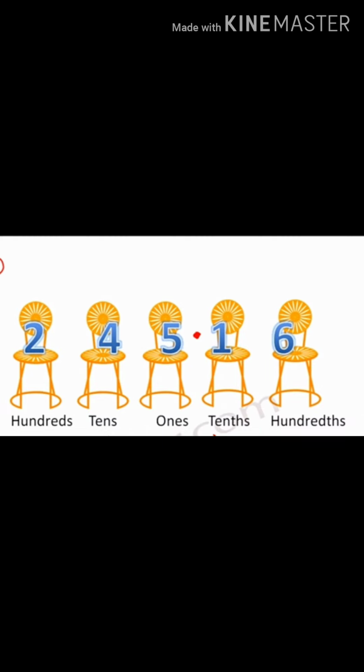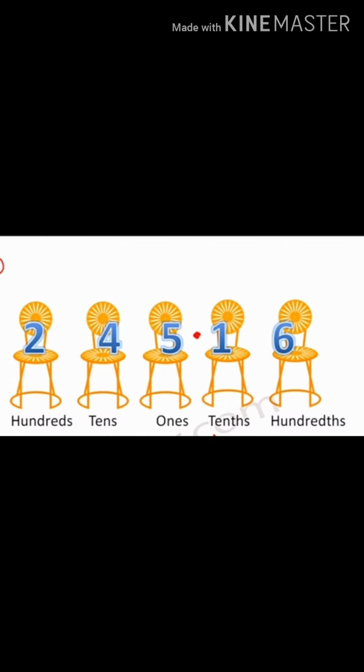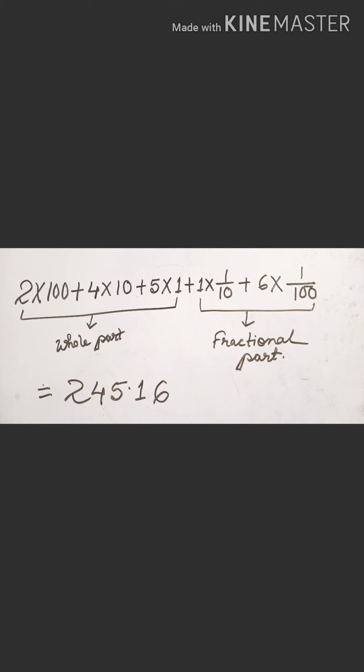Do you think that 24,516 and 245.16 are the same? There is a huge difference between the two numbers. Now if I ask you to expand this number, just towards the left side of the decimal point is our ones place. So it is 2 into 100 plus 4 into 10 plus 5 into 1. After the decimal, it should be divided by 10, then divided by 100.